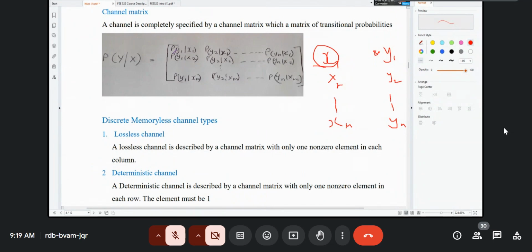Although what we want is to be sure that when I get this output, that was the input, and that's what a noiseless channel gives you. A lossless channel also gives you that, although it is not noiseless, because we are going to see. Okay, so let's look at the different types of channels.